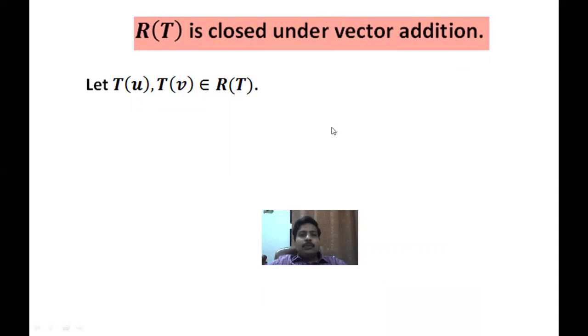So T of u, T of v belong to range of T. Then there must be two vectors u, v in V such that their images are in range of T. Since V is a vector space, u plus v must also be in V.